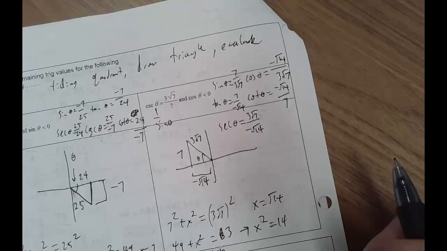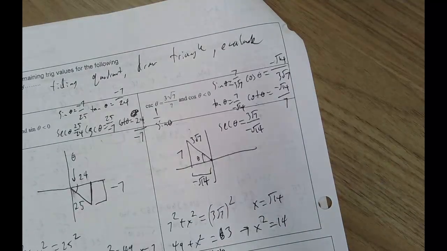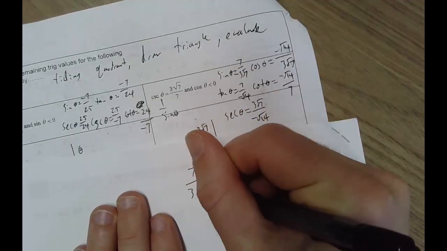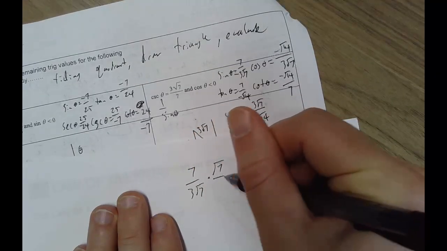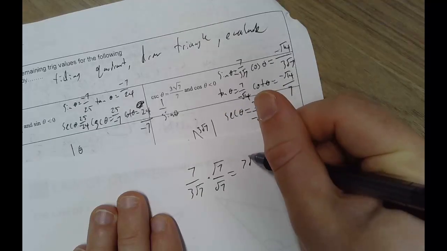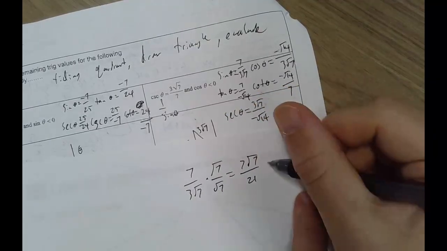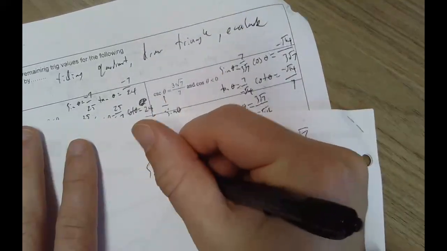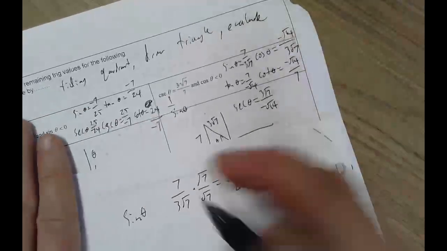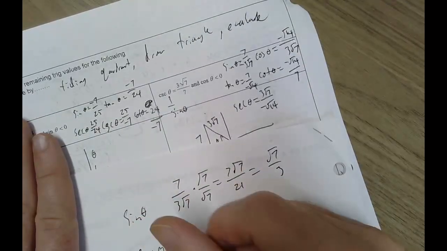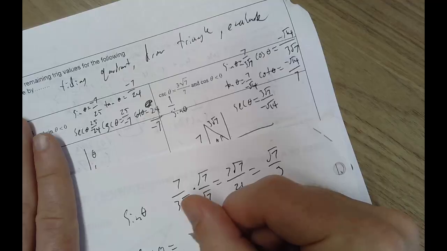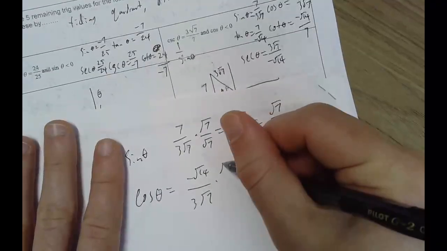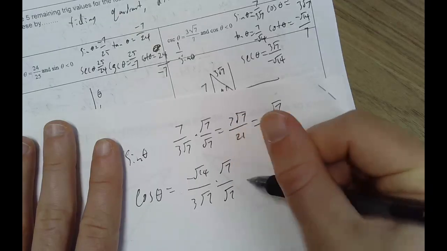All right. So rationalizing those, just so we're clean on that, I'm going to write them out here. So 7 over 3 root 7, multiply both top and bottom by root 7, you would get 7 root 7 over 21, which is the same as root 7 over 3. That would be sine theta. For cosine theta, you would get negative root 14 over 3 root 7 times root 7 over root 7.